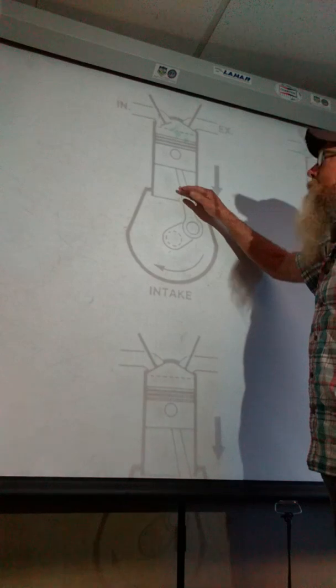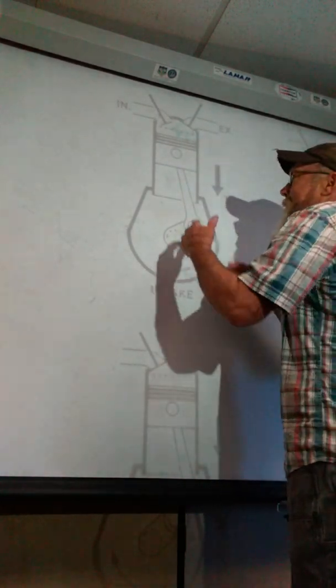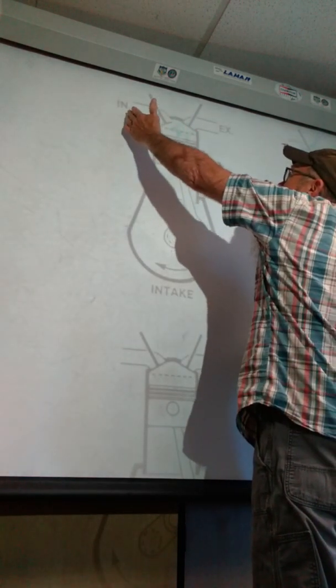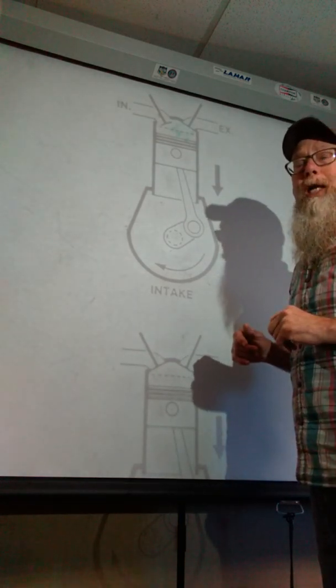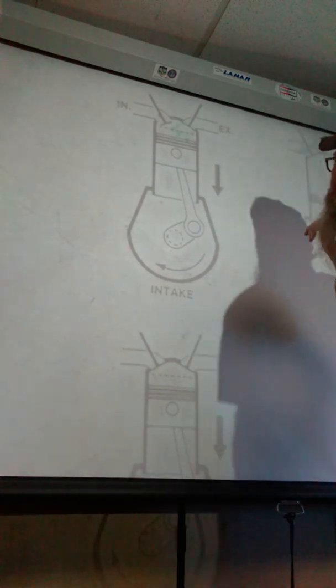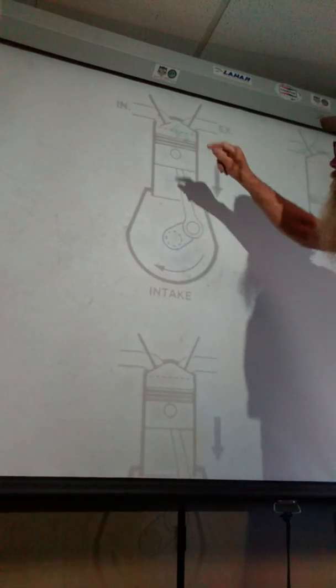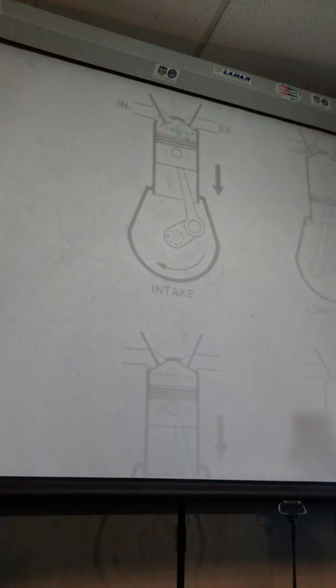Once we hit bottom center, we don't want to just close that intake valve because the gas, being compressible and expandable, is still wanting to flow into the cylinder. So we don't want to discourage that fuel-air mixture from flowing in. Once we hit bottom center, the intake valve is still open, and then we go over to our compression stroke.